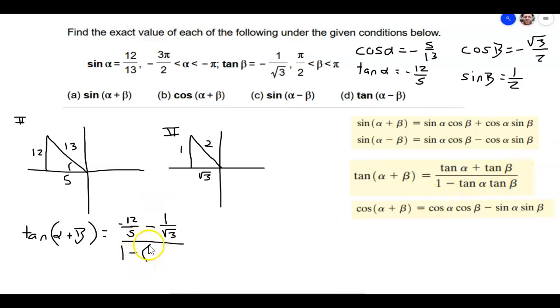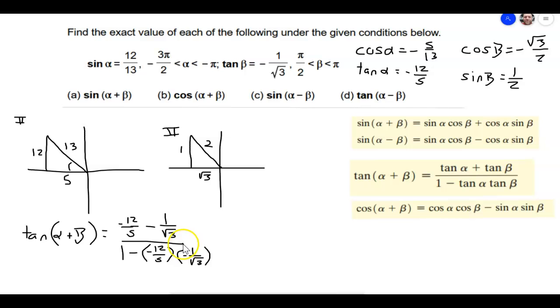So the first one is 1 minus the tangent of alpha, which is, once again, negative 12 over 5 times the tangent of beta, which is negative 1 over root 3.